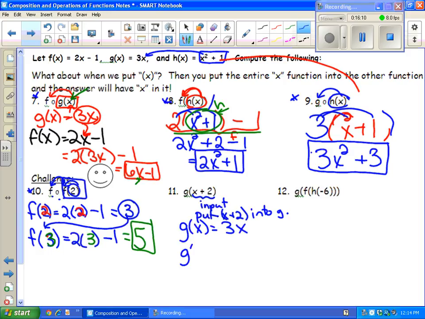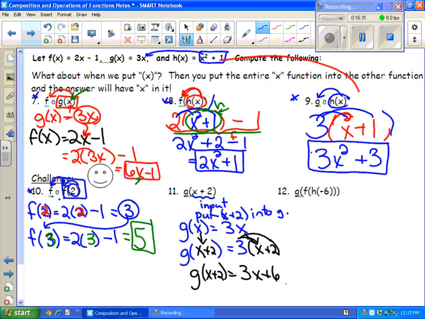But what if I change the input to x plus 2? Well, if the input changes to x plus 2, then in my equation the x is going to also change to x plus 2. And so my function g with input x plus 2 is going to equal, and you do have to multiply, 3x plus 6. So 3x plus 6 would be the final answer. This is just a way of representing one function with x plus 2 going into it.